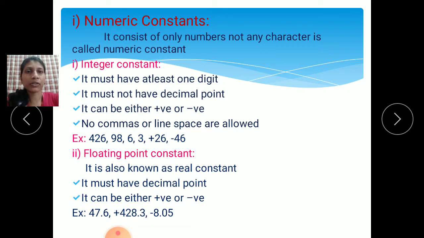The first type of numeric constant is integer constant. It must have at least one digit. It must not have a decimal point, means there are no fraction values, only integer values. It can be either positive or negative. No commas or blank spaces are allowed in an integer constant.